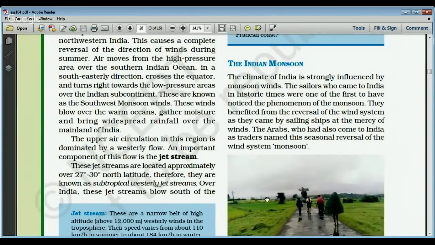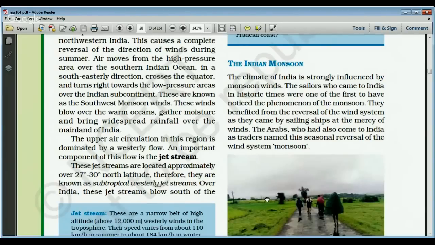These winds blow over the warm oceans, gather moisture and bring widespread rainfall over the mainland of India.